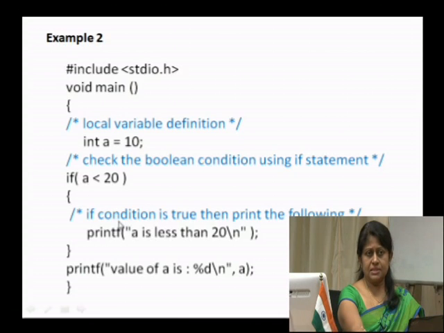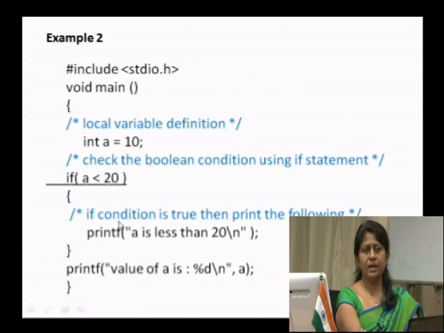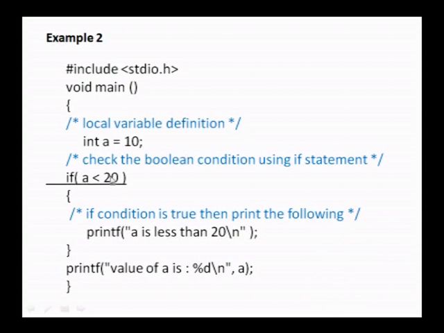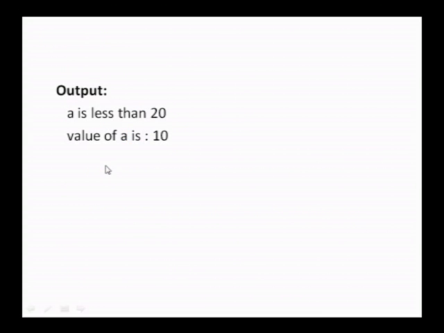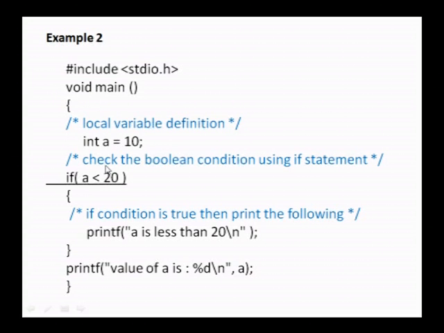Let us look at another example wherein we have one variable called a whose value is defined as 10, and we are checking for a condition if a is less than 20, which happens to be true in our case. So it gets into the if code over here and the printf statement is executed.